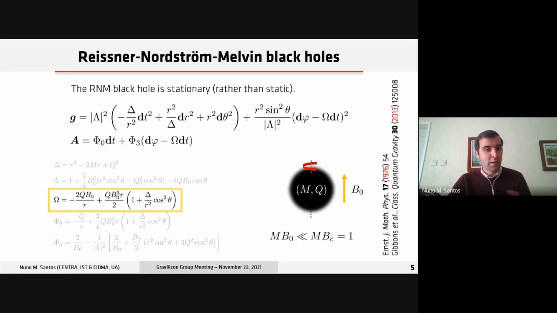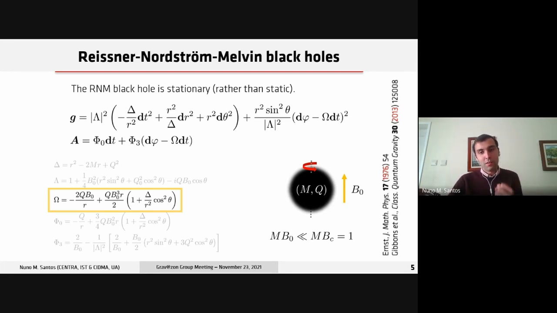And for those who are not familiar with these solutions, it might come as a surprise that this spacetime is stationary rather than static. But if you think a bit, this is not, in fact, that surprising.